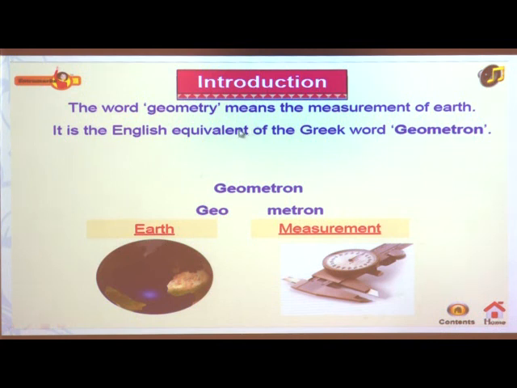The word geometry has derived from the Greek word geometron. Geo means earth and metron means measurement. It means measuring of the things which are related to earth is called geometron. So it means the measurement of earth.